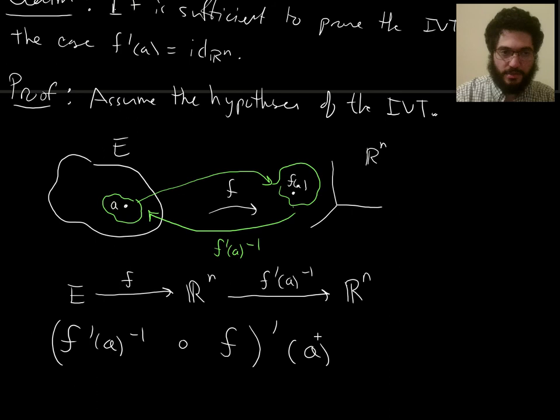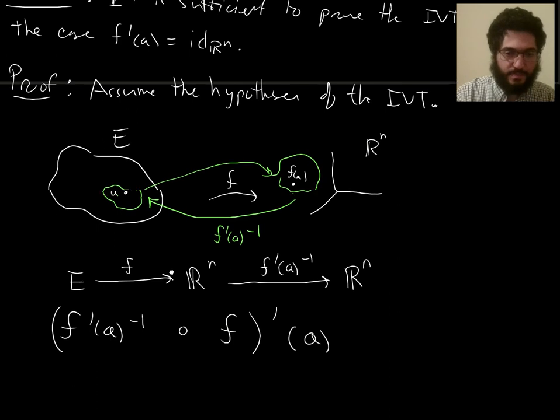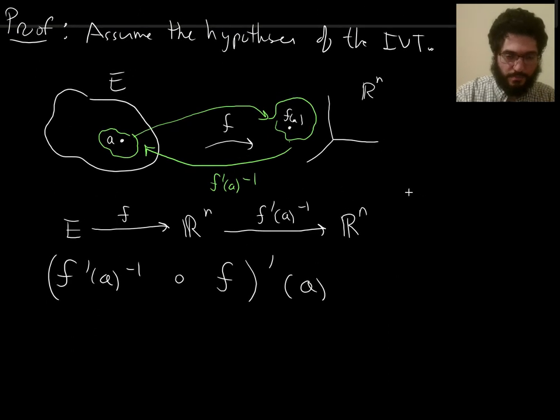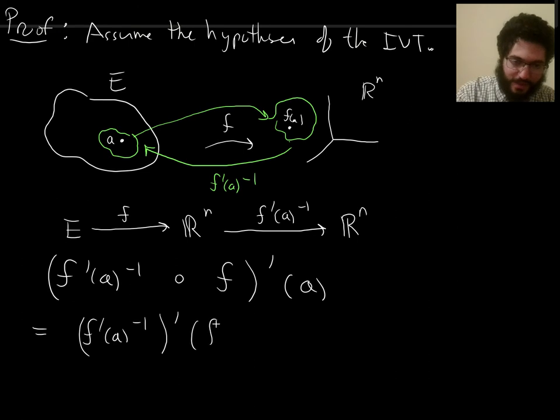So let me look at the derivative at A. That's going to be: take this linear map, take its derivative, and evaluate at f of A, and then compose that with f prime of A.